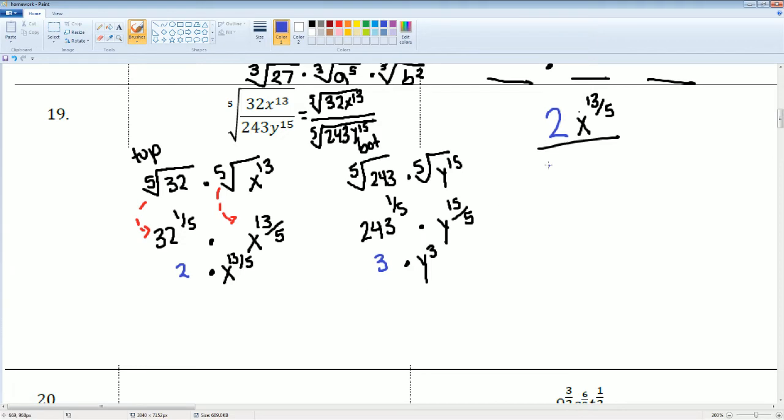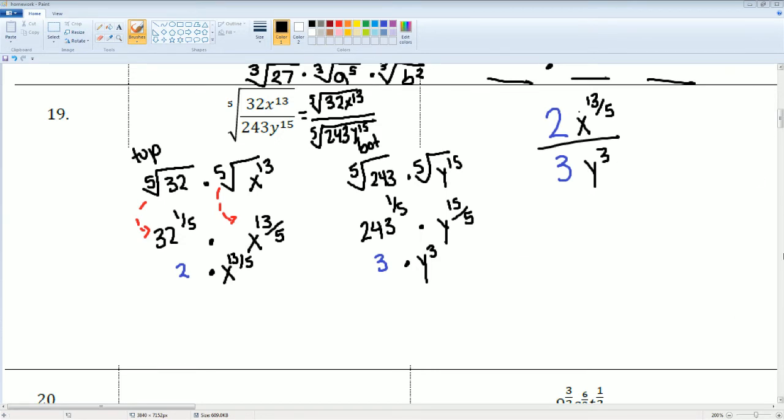The first part became 3, and the bottom was y to the third power. Okay, 19 is the hardest one because it combines multiple things. But again, all we did is convert the radical form to exponential form. Do you see here? The second part, you see no radical in there, and it's all exponents here, right?